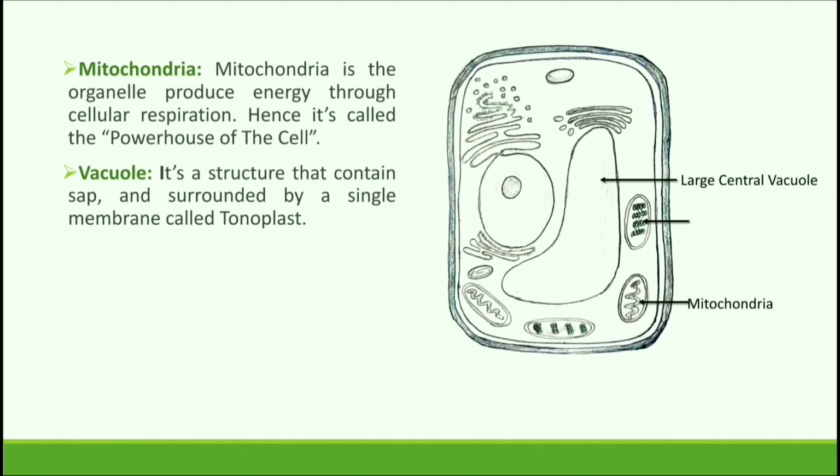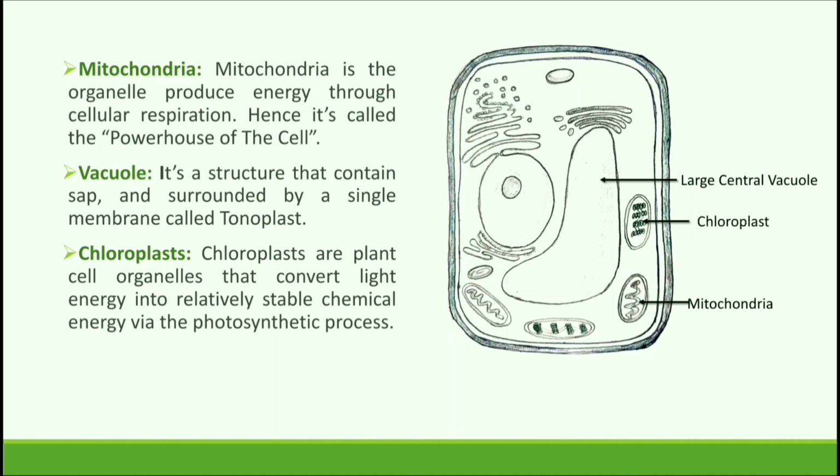Sap means a type of fluid, and it's surrounded by a single membrane which is called the tonoplast. It is the largest organelle of the plant cell. It functions as a storage of the cell and it can hold food for later use and it can also hold waste material for removal.